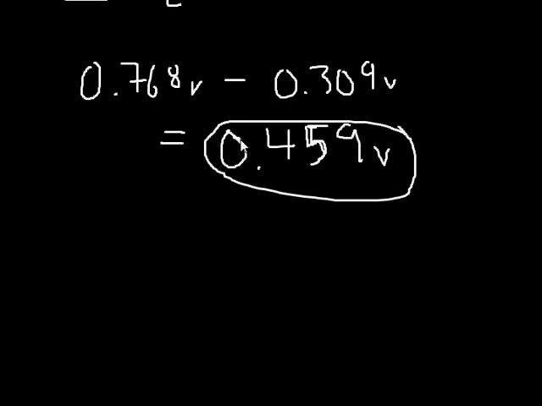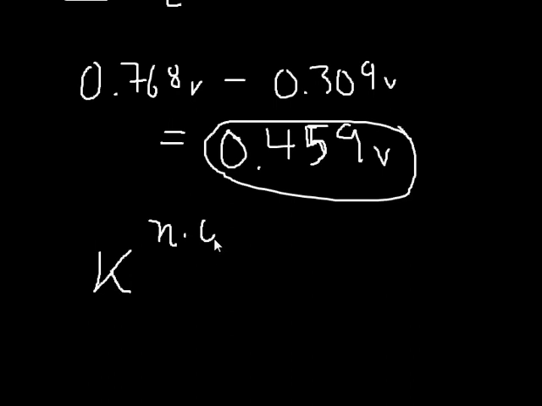Now we're going to do one more thing to make sure that we're on the right track. We're going to calculate the equilibrium constant. And the equilibrium constant, it's a unitless measure of how much the reaction is going to go forward or backward.